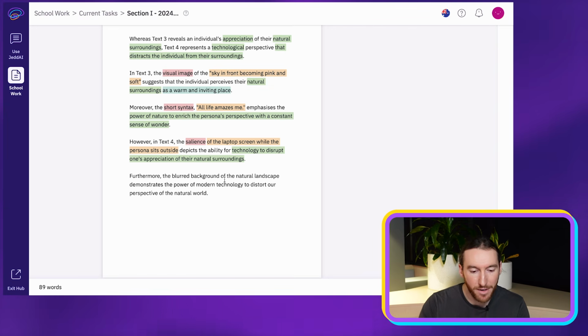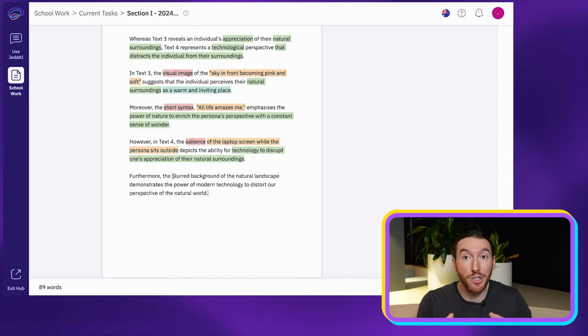Okay, and for the last one, furthermore, instead of moreover, because we've already used that. Furthermore, the blurred background. Background's always a thing you can talk about with an image if it's important. The blurred background of the natural landscape demonstrates the power of modern technology, just to give a bit more of an edge there, because it's got all like the phone cables and everything, to distort our perspective of the natural world. Now the key word there is distort, because blurred, distort.